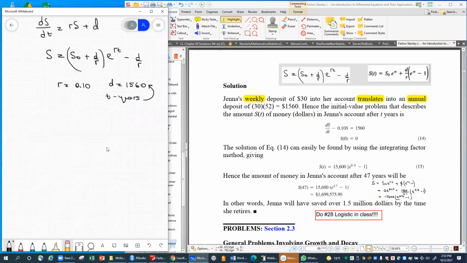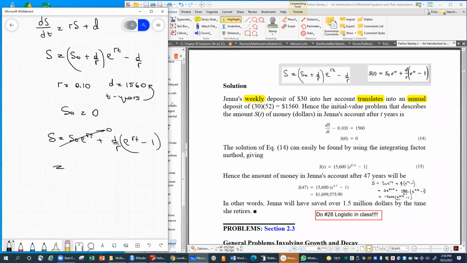Let's see, what is S0 in this case? The initial amount is nothing. She doesn't deposit any money in advance at time 0, she just keeps getting this $30. So according to this solution, S equals S0 e^(rt) plus d over r times (e^(rt) minus 1).